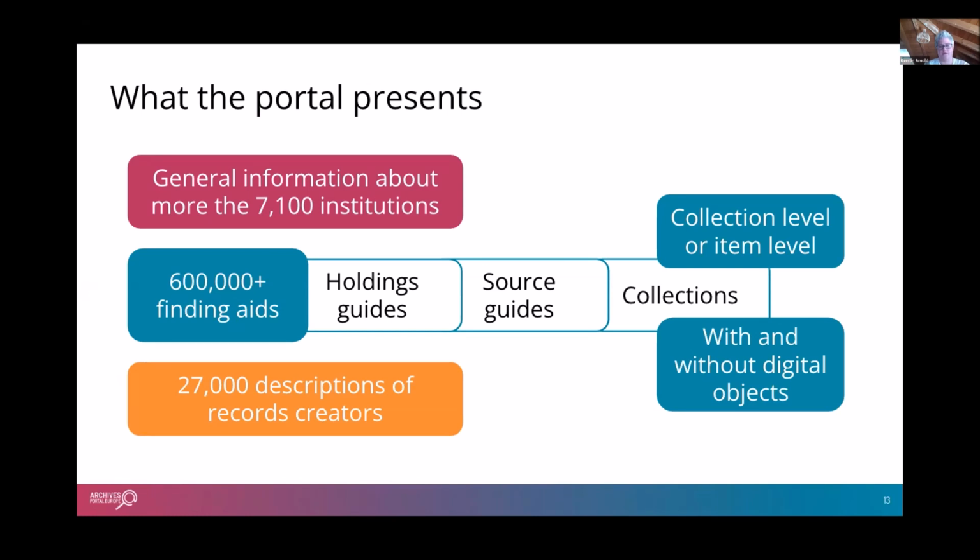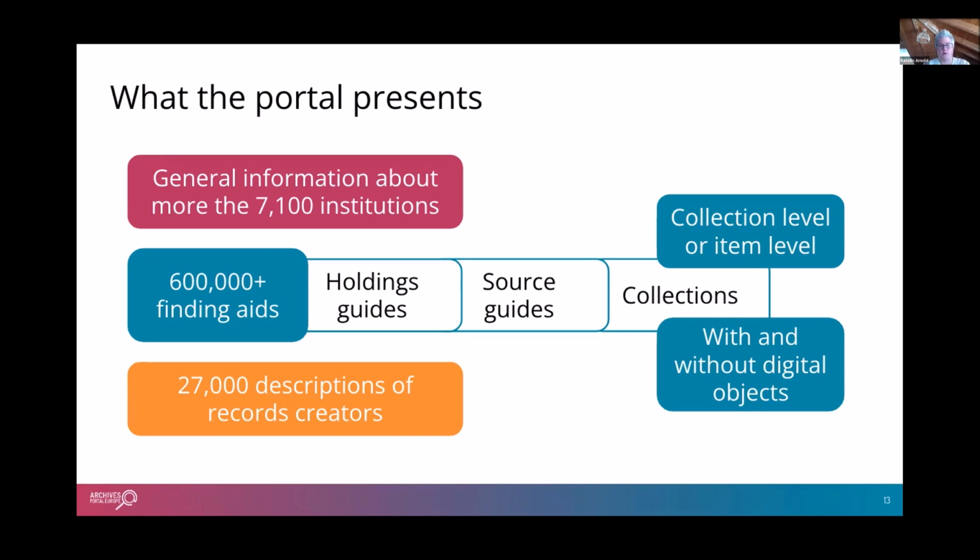And then we have what we call holdings guides and source guides. Holdings guides are essentially a general description of the collections of one specific institution. And source guides are a general description of collections either of one institution or several institutions tied together by subject.